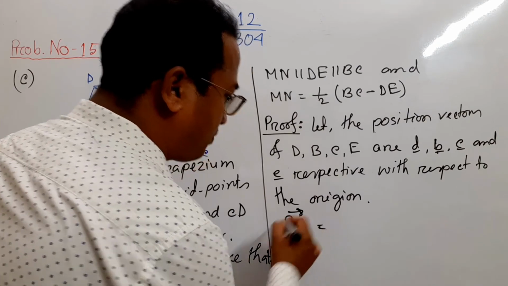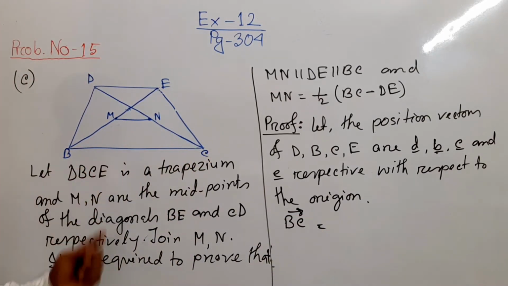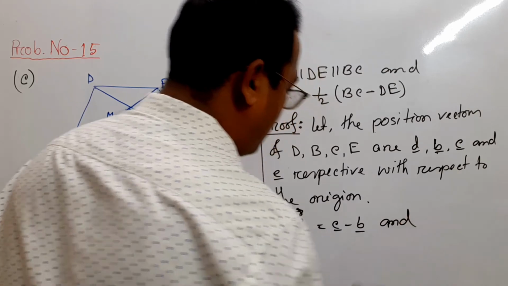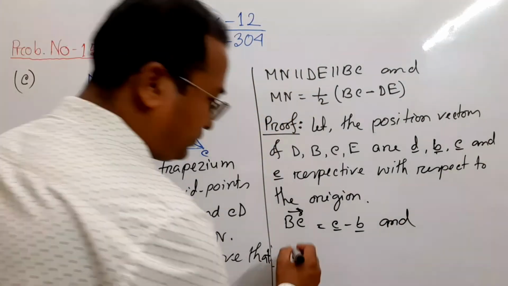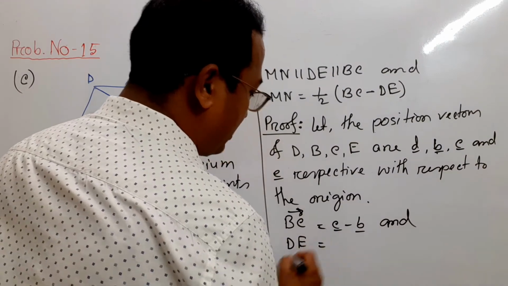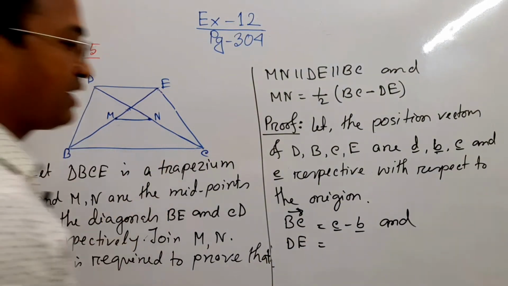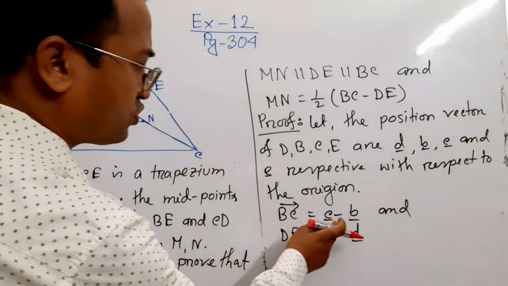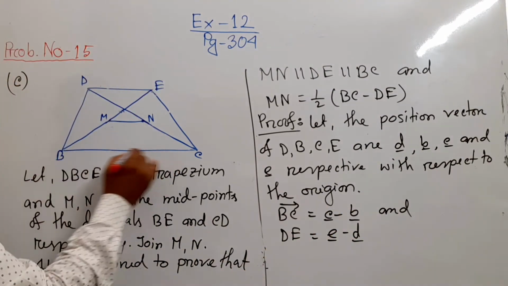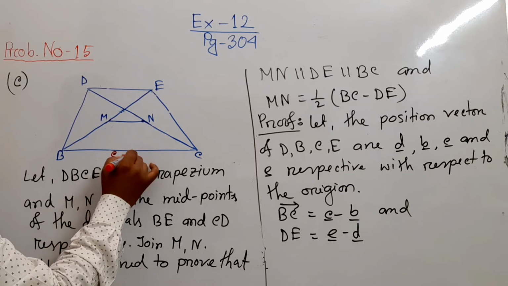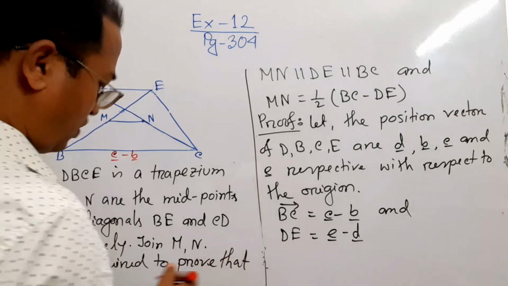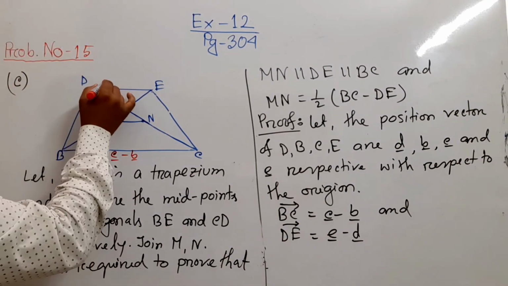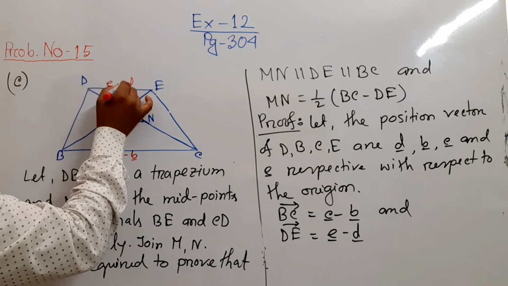We know the position vector of BC will be c minus b, and the position vector of DE will be e minus d.